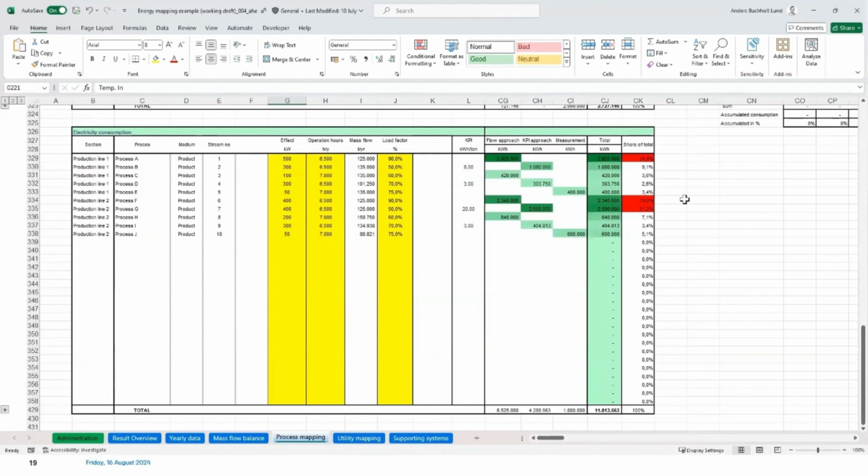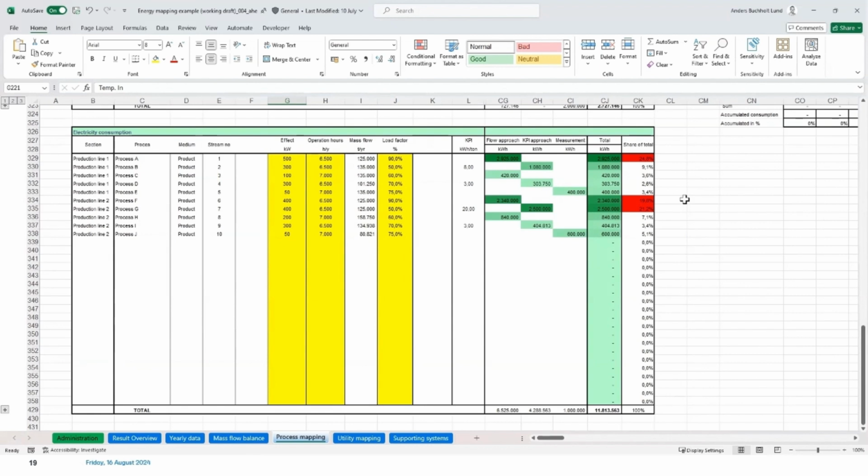But what we do here is that because we have located all the electricity consumers in our walkthrough, and we have noted the effects, we have a fairly good idea, or we will ask anyway, the production: how many operation hours does that unit have? And then we can also say the factor of how it's being utilized, the load factor. How big is that?